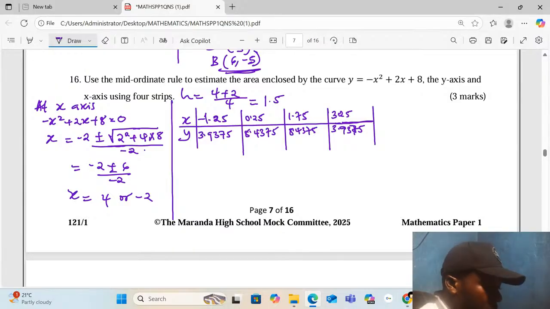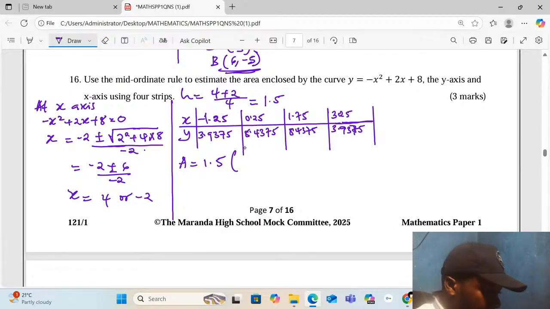Now we look for the area. Remember, it is an estimate, not the exact area. So we normally have h into the sum of the y values, plus this, plus this, plus this.